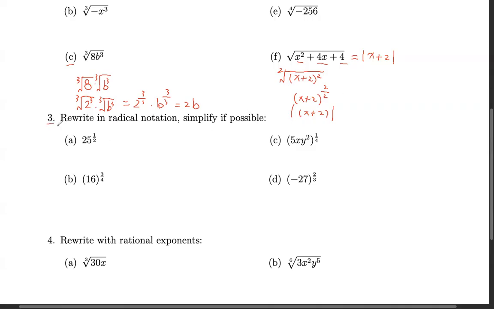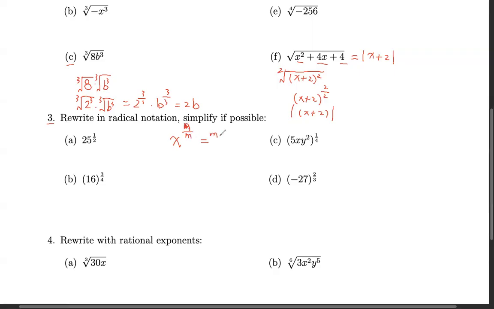Let's see 3. We want to rewrite in radical notation and simplify as much as possible. We have this rational notation, so basically we have x raised to m divided by n. The exponent is a fraction. In the radical form, let's change the numerator to be m and the denominator to be n.